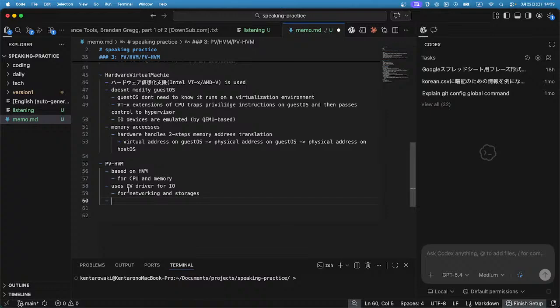So you need to install PV driver on HVM instances, right? For example, Amazon Linux AMI installs PV driver by default.